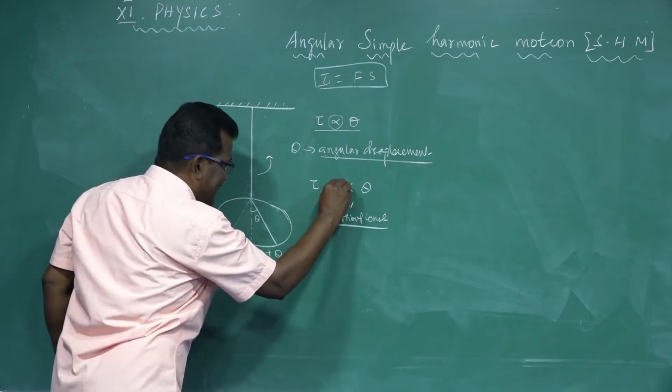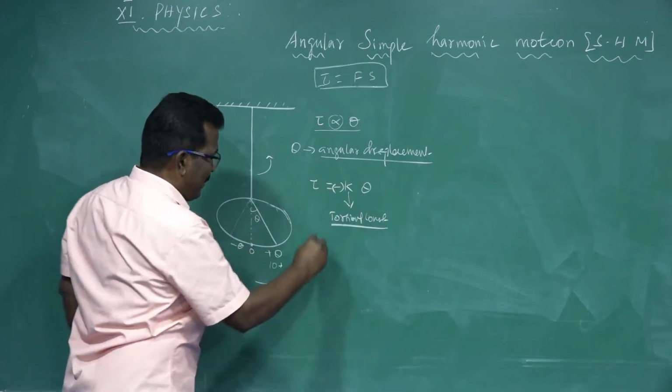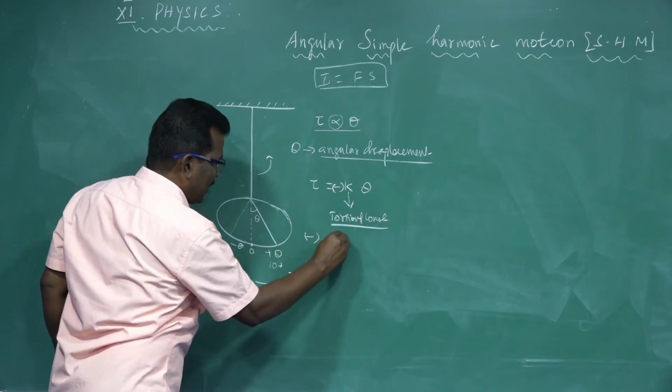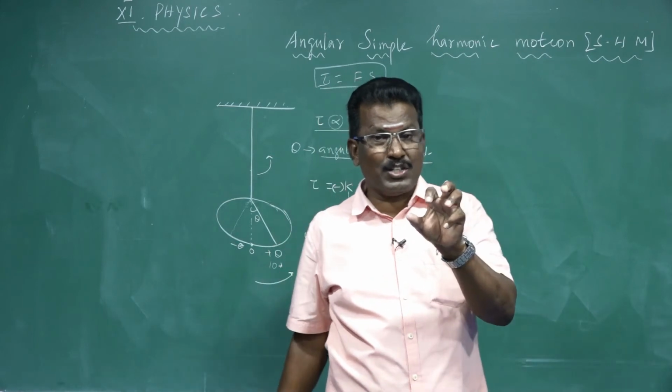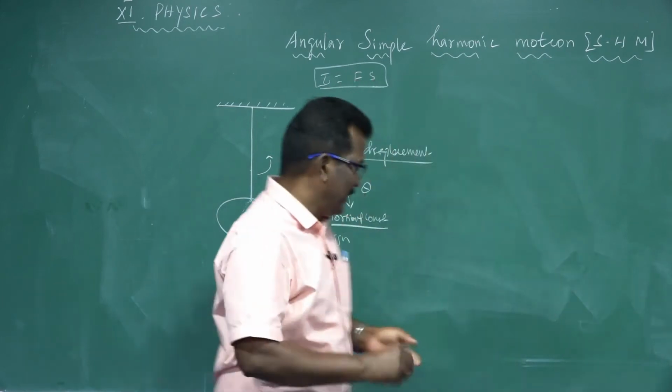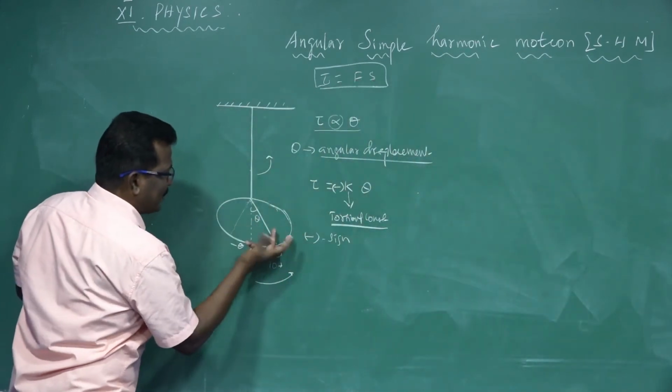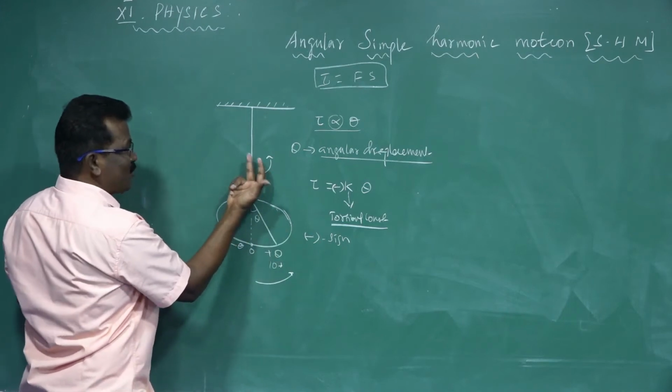But we put a minus sign. The minus sign indicates that the displacement is always in the direction opposite to the torque. When the body is rotated in one direction, the thread restores it to the original position.